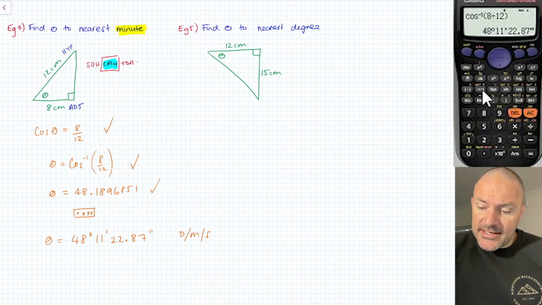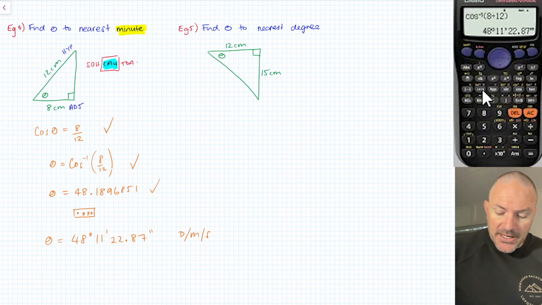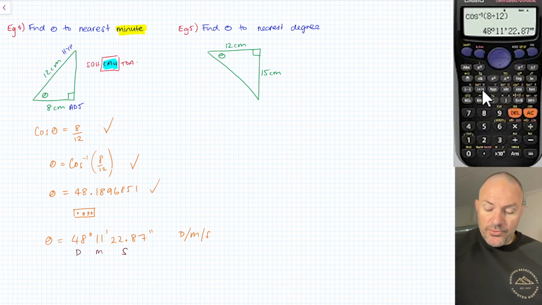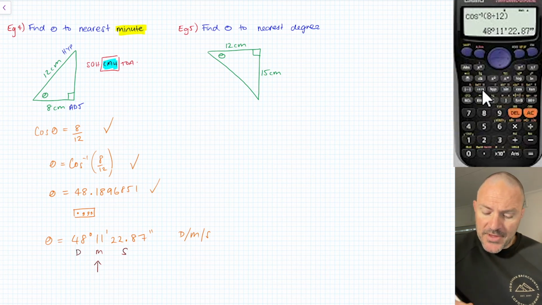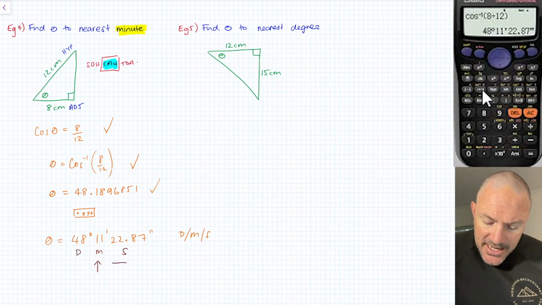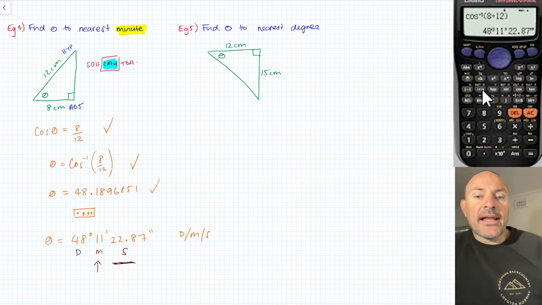So what it's asking us, if we can see the first bit is our degrees, the second bit, which is the 11, is our minutes, and the last bit is our seconds, we want to round it to the nearest minute. Okay, now I'd only ever do this if I want the nearest minute. If I want the nearest degree, just round to the nearest whole number. But in this instance, the seconds is 22.87 seconds.